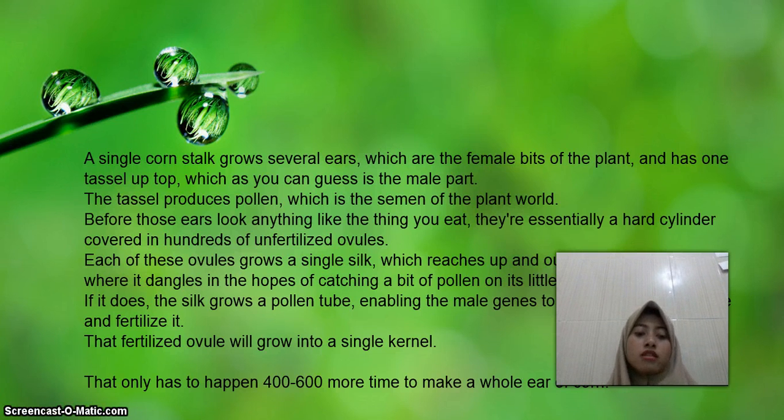If it does, the silk grows a pollen tube, enabling the male genes to travel towards the ovule and fertilize it. That fertilized ovule will grow into a single kernel. That only has to happen 400 to 600 more times to make a whole ear of corn.